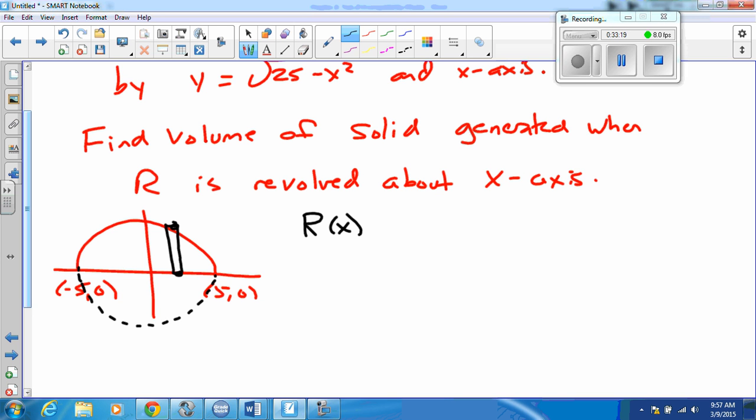Now we're going to identify the radius here, and the radius is going to be curve minus axis. Notice it's not top curve minus bottom curve, but it is the distance from the curve to the axis of revolution, because that's what a radius is. And the curve minus the axis is going to be the square root of 25 minus x squared, minus y equals 0.